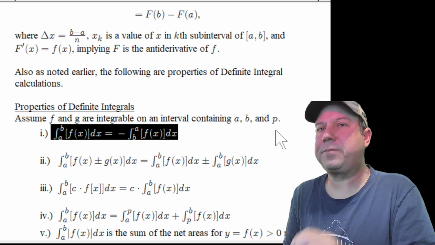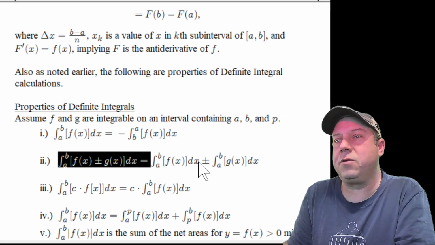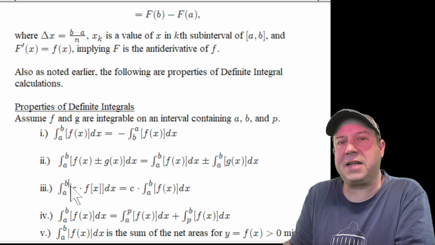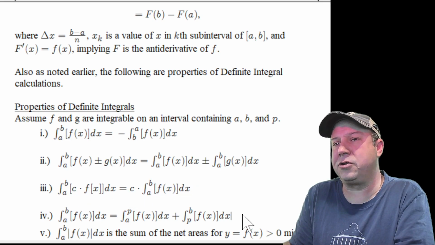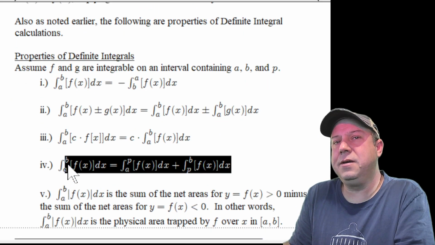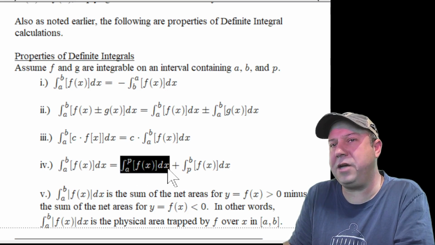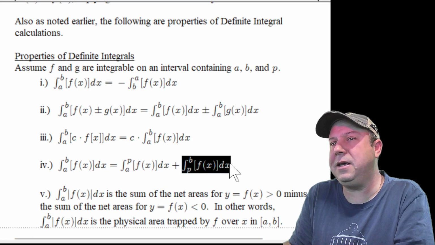All right. Now what we've also seen is that the integral operator will distribute itself across sums and differences. If we have a constant multiple times a function, the constant multiple will factor itself out of the integral. An integral from a to b can be broken into 2 separate integrals, from a to p and from p to b.